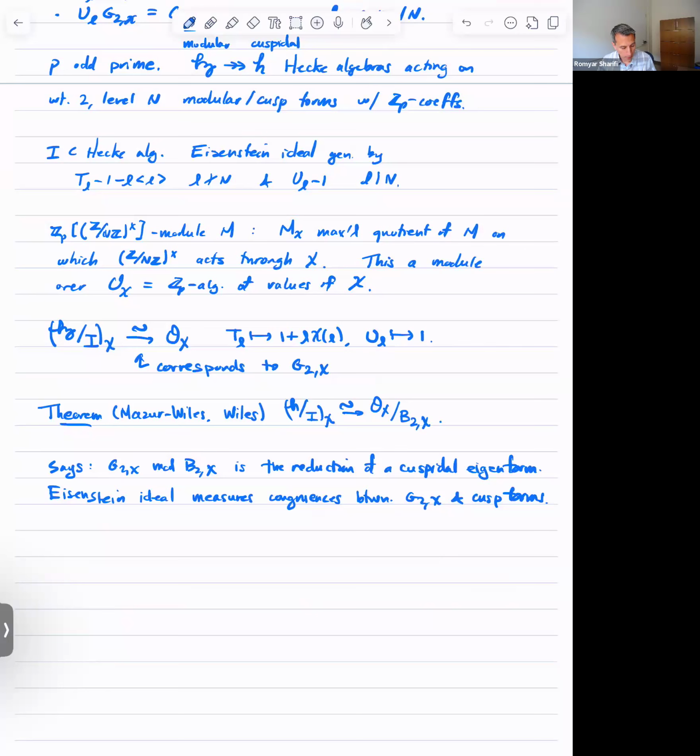Okay, I want to say another thing about the Eisenstein ideal, because I mentioned this cusp at infinity as somehow being important.